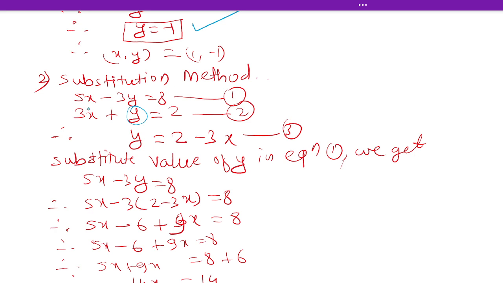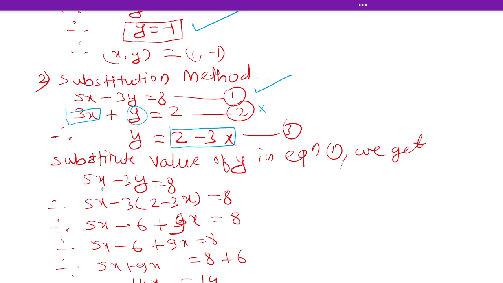The 3x term which was associated with this y, I am switching to the other side. So now I am going to substitute this value in equation 1. Be sure that we are not substituting this value in equation 2. We are getting this value from equation 2, hence we are bound to put it in equation 1 only, not in equation 2.